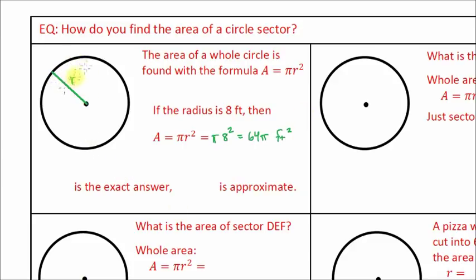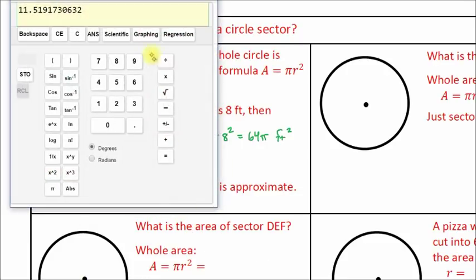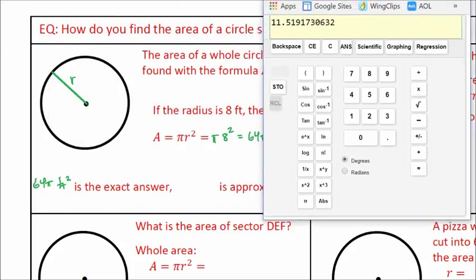That's all the space inside of this circle. And if we want to ask about two possible answers here, we've got our exact answer. The exact answer for the area is 64 pi feet squared. If we want an approximate answer, we can put that in our calculator.